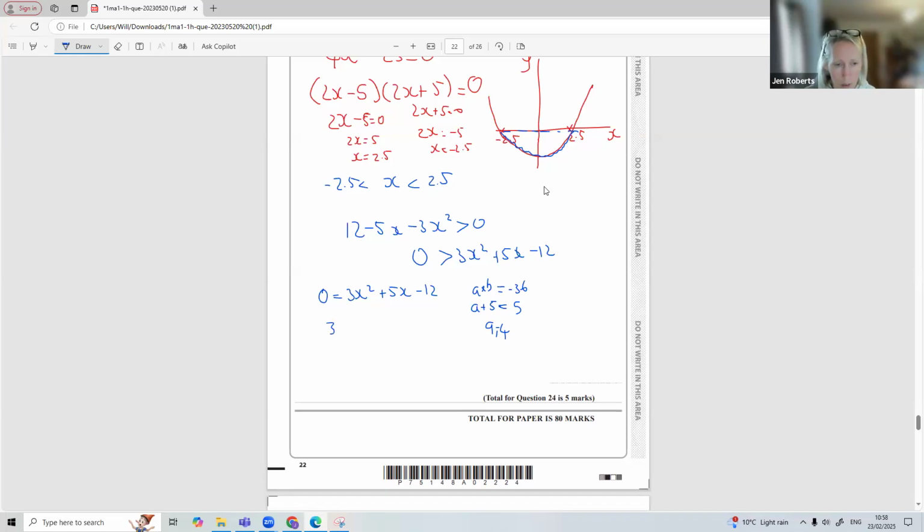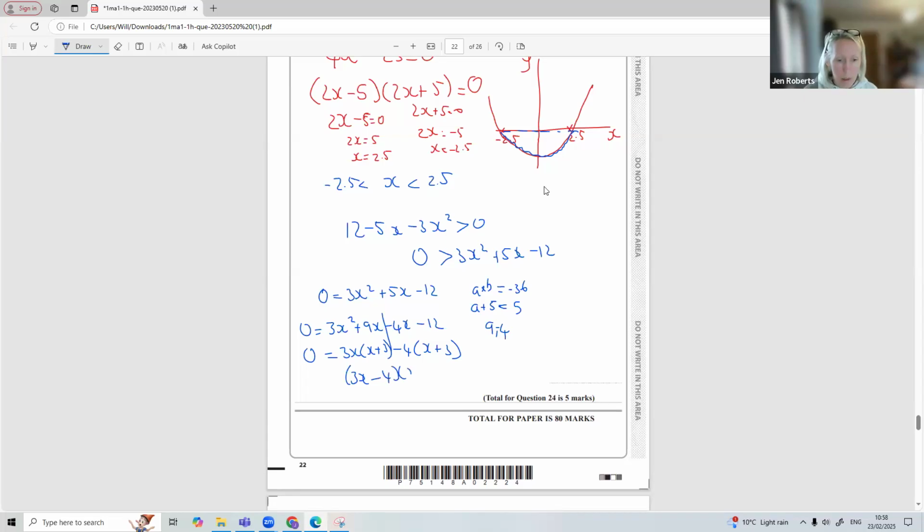So you've got 3x squared, add 9x, take away 4x, minus 12. Factorise, split it down the middle, each into a single bracket. If I expand this, I get the same thing. One of my brackets is 3x minus 4.